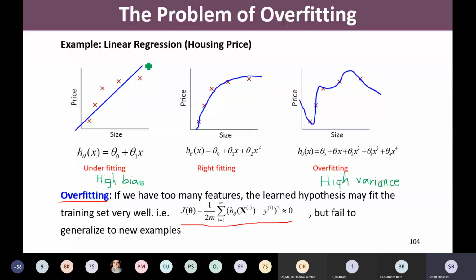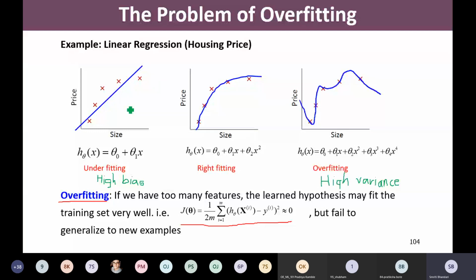For example, if we are having this linear fit here, then we are having high bias. And that bias is the perception that as the size of the house goes on increasing, obviously the price should increase. So that is our assumption.